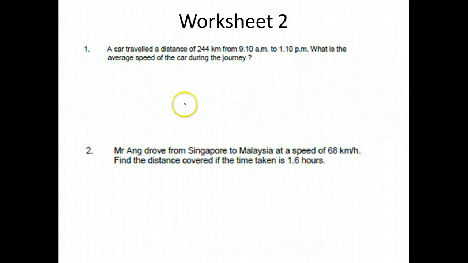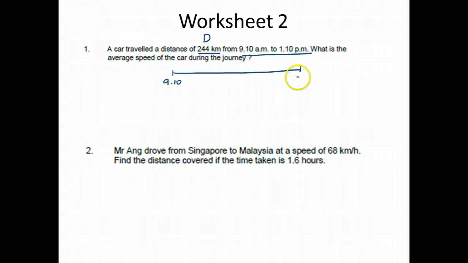Worksheet 2. A car traveled a distance of 244 kilometers. So this is my distance from 9:10 to 1:10. Now we are given a time duration. So we write down 9:10, 10:10, 11:10, 12:10, 1:10.